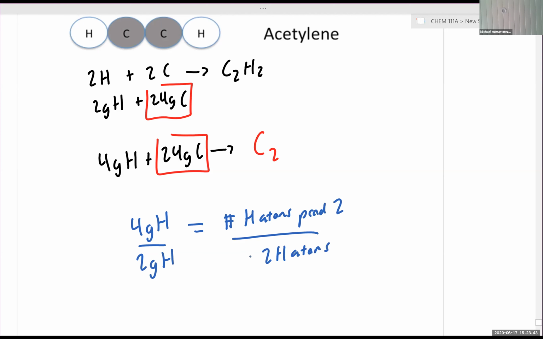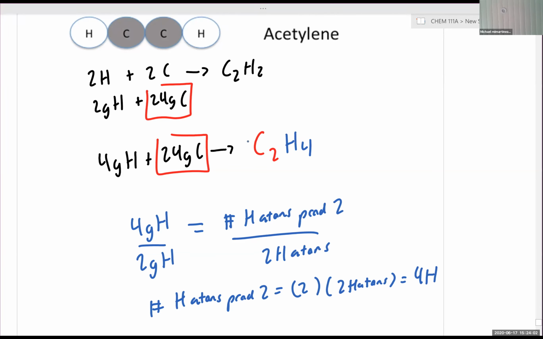So if we solve this equation, the number of hydrogen atoms in product 2 is equal to 2 times 2 hydrogen atoms, which gives us 4 hydrogen atoms. So ethylene has the formula C2H4.